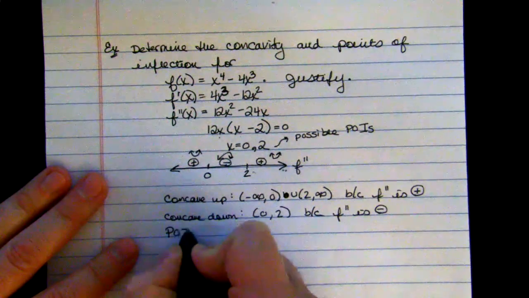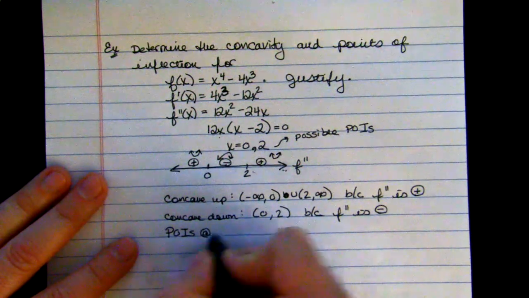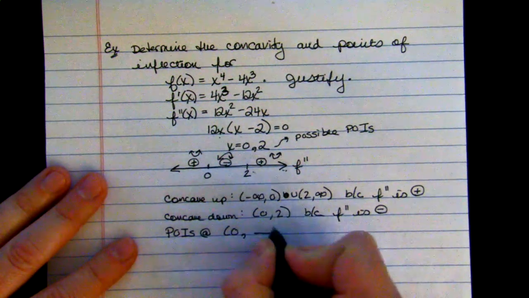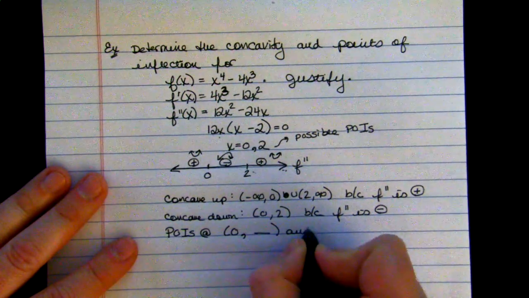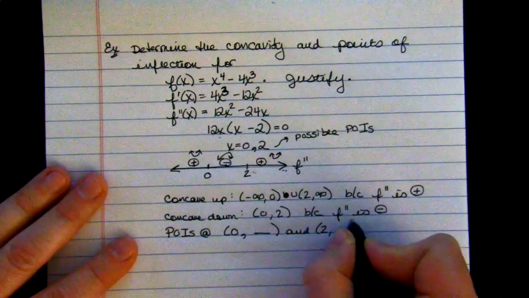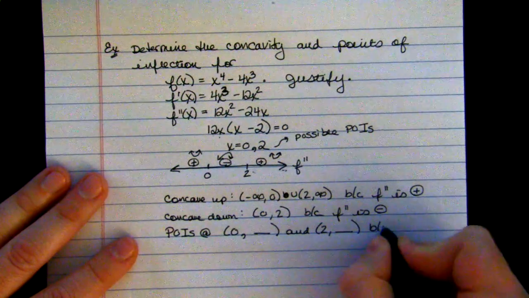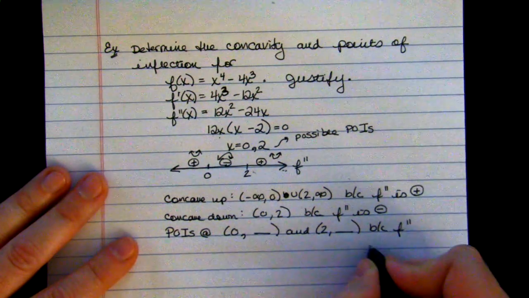So I'm going to say I have a point of inflection at 0, comma, I'll get my other coordinate in a moment, and 2, comma, I'll get that in a moment. Why? Because f double prime changes signs there.